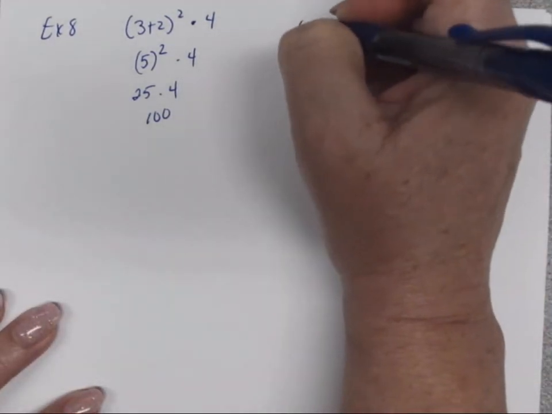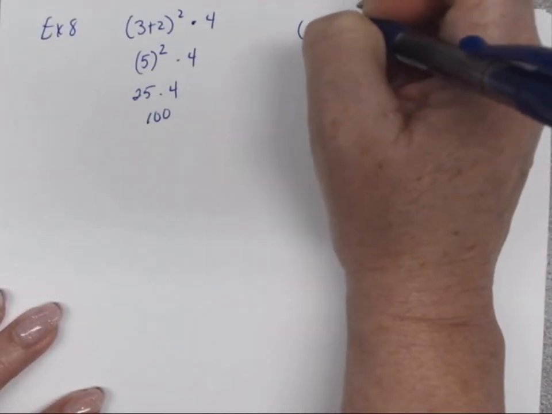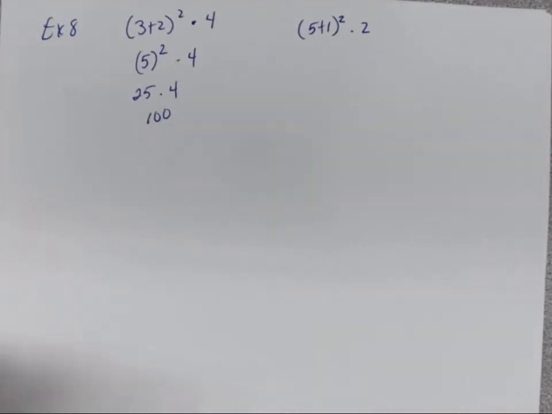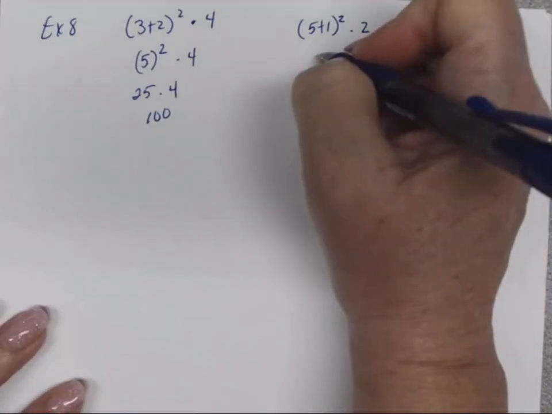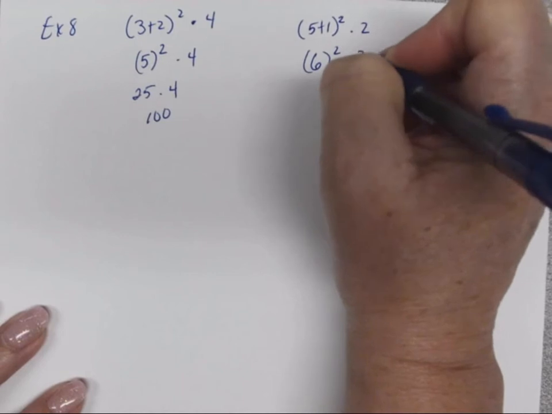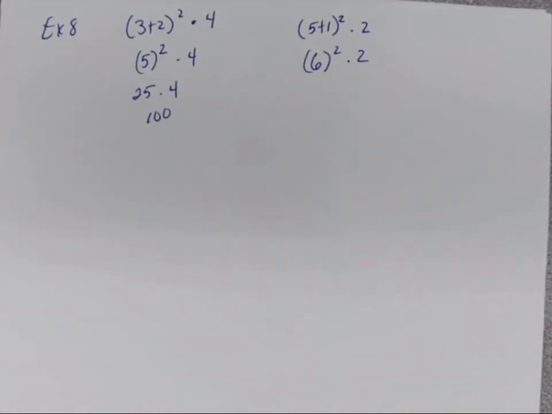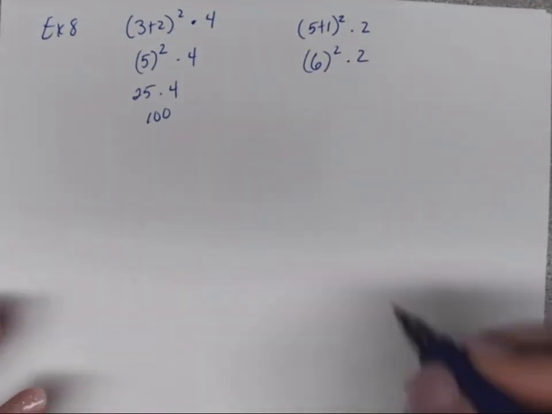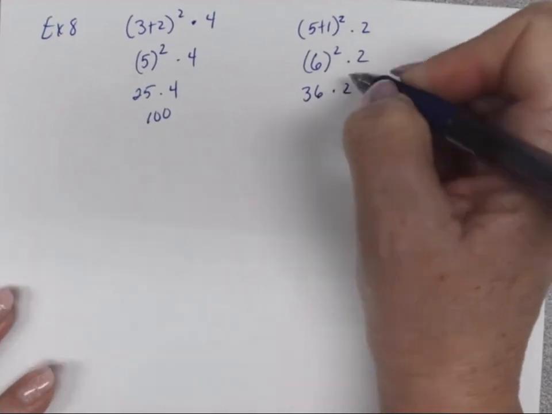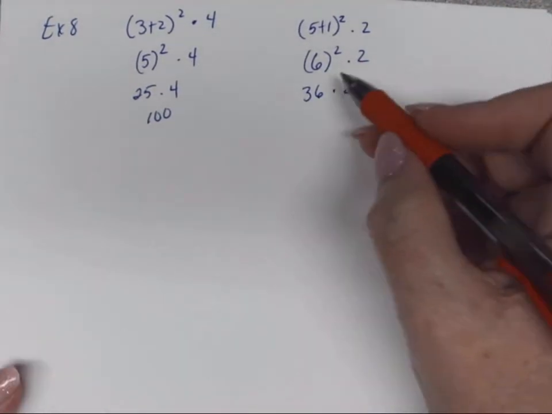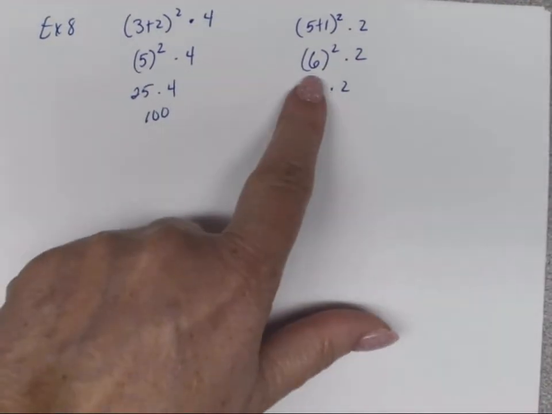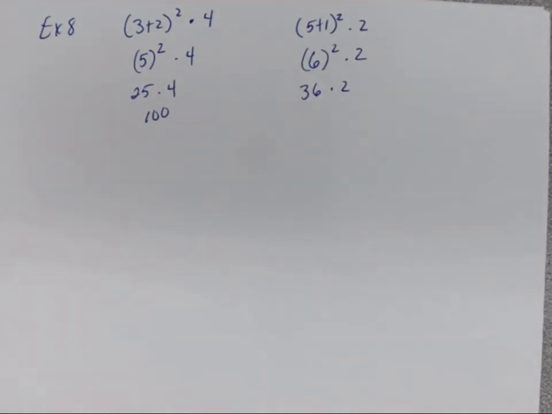And then let's do another one similar to it. So if we have 5 plus 1 squared times 2. Well, 5 plus 1 will get us 6 squared times 2. So again, this is another one. If you don't know that 6 squared is 36, what I can do is come over here, and I know I'm needing to multiply 6 times 6. So you can come over here and add them.